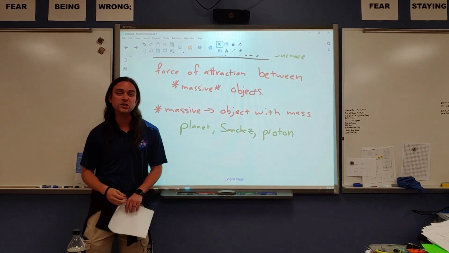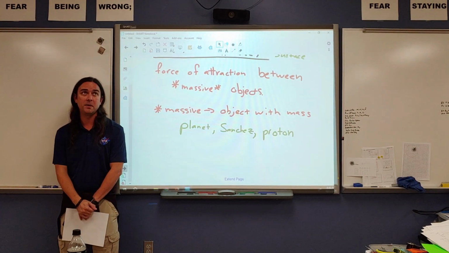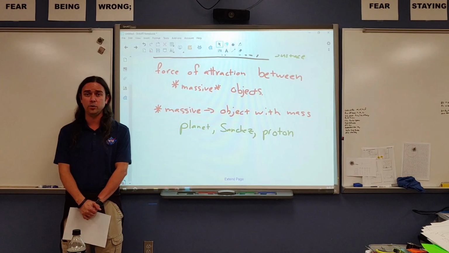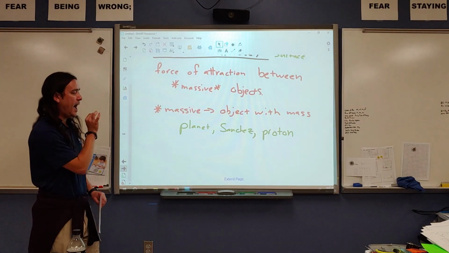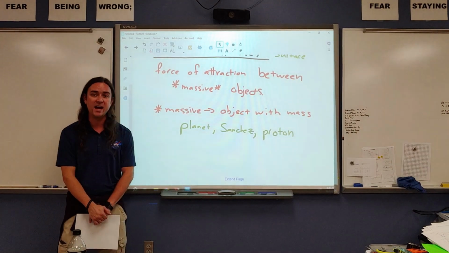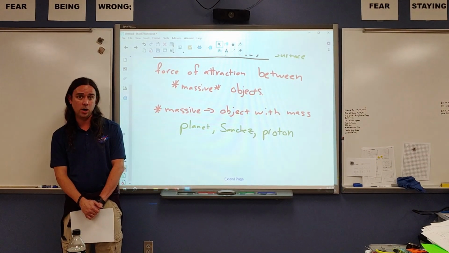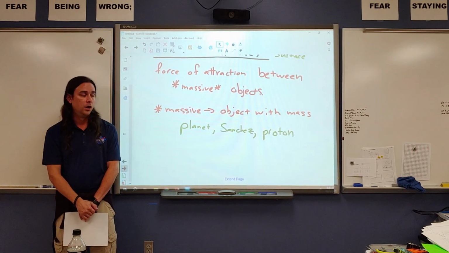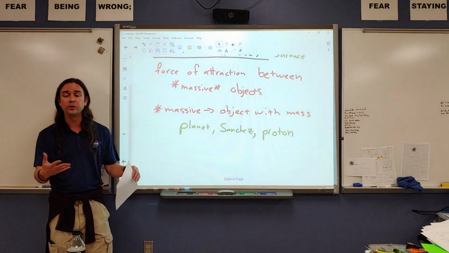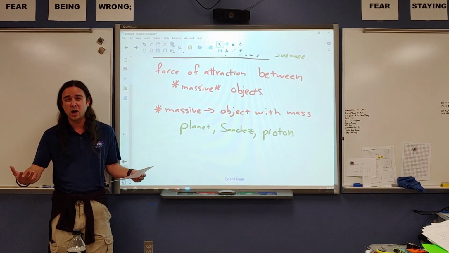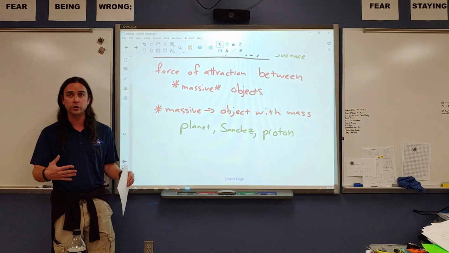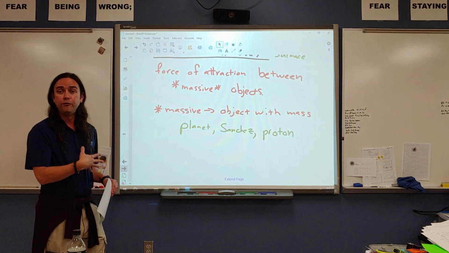Even an electron, which is even tinier than that, and has a mass of, or at least a rest mass of 9.11 times 10 to the negative 31 kilograms, even that has a mass and therefore is a massive object. An electron will also engage in gravitational interactions. For our purposes, the only thing that you might encounter, and it's not really talked about in the first semester or first year of college or university physics, is going to be photons.